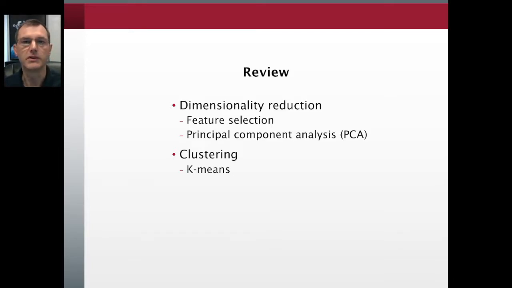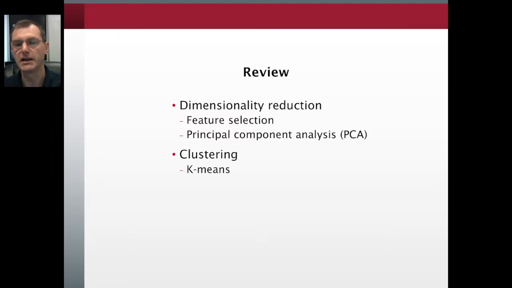So in review for the module we've been looking at, we first started out looking at some dimensionality reduction techniques for reducing the number of dimensions. One approach is feature selection, where we're essentially eliminating features that aren't helping.